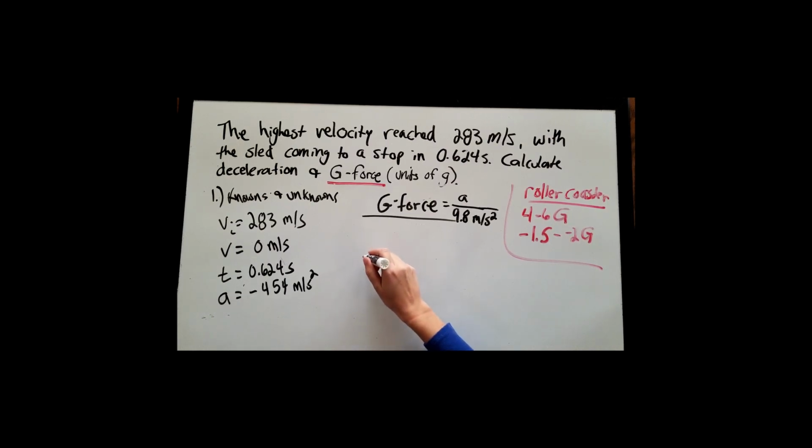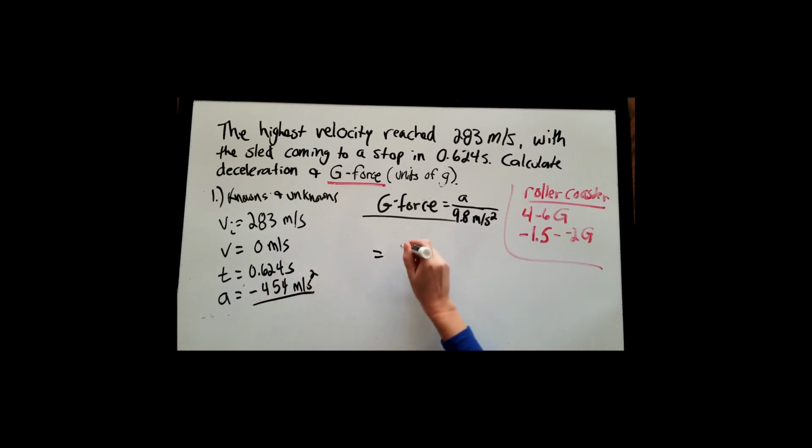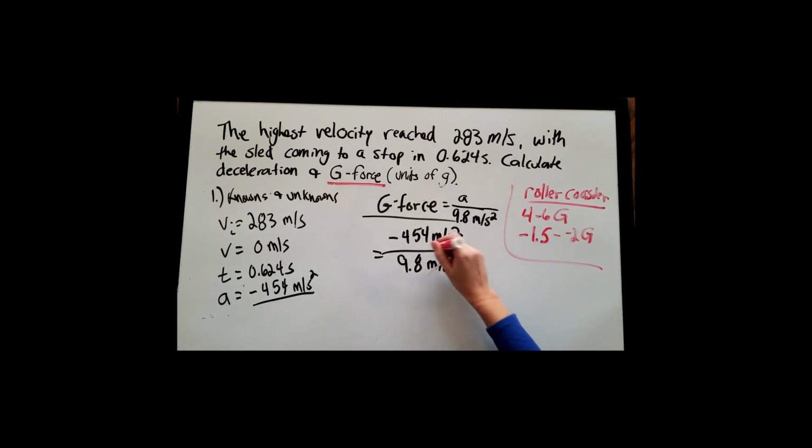To calculate the units of G, or the G-force, we're going to take our acceleration that we had down here, -4.54 meters per second squared, and divide it by 9.8 meters per second squared. Notice, I'm dividing so the units are canceling. So this is a unitless number.